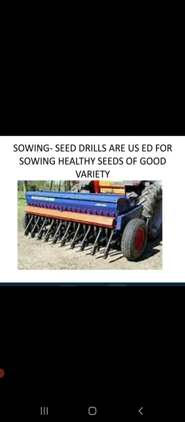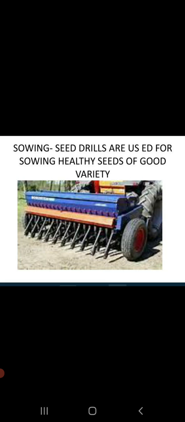So that's what a seed drill does; it helps the farmer to sow the seeds at proper distance and evenly. Also, the seed drill helps the seeds to get sown at the right depth of the soil. So these were the two methods of sowing seeds.